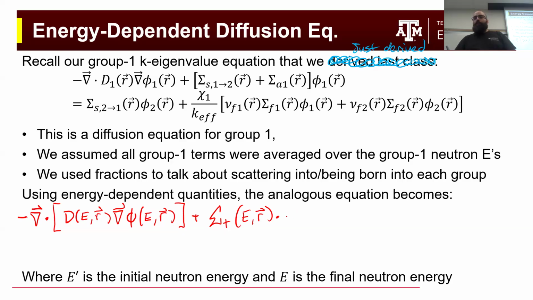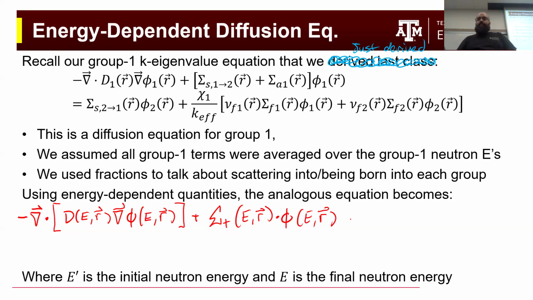And then that's going to be multiplied by my energy dependent scalar flux, a scalar flux that can depend on energy and on position. So that's the corresponding total interaction rate density term.